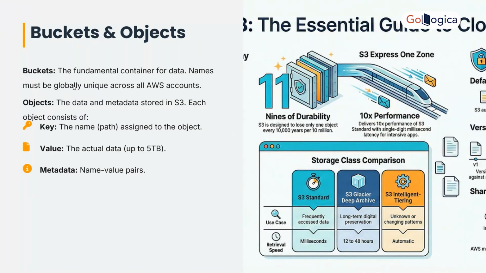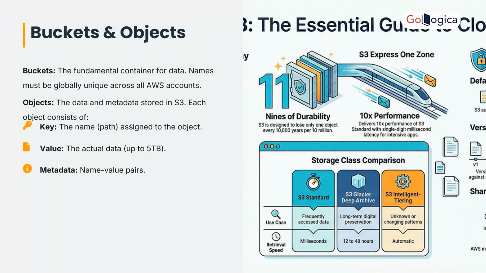The objects are the data and the metadata stored in S3. Every object that we upload is stored along with its metadata. Each object consists of a key. The object name is the key, along with the path. If we have a bucket name, and inside that we created a folder and stored our object, then the bucket name, the folder and the object name together are considered the key.